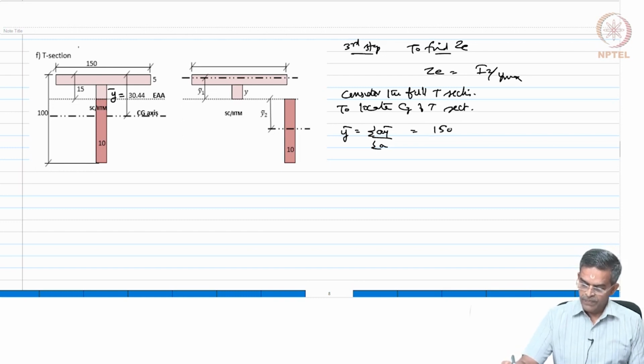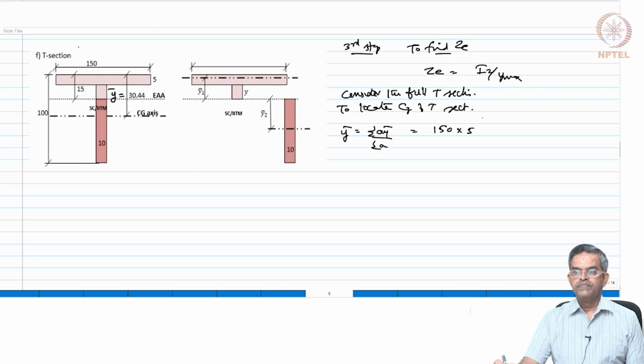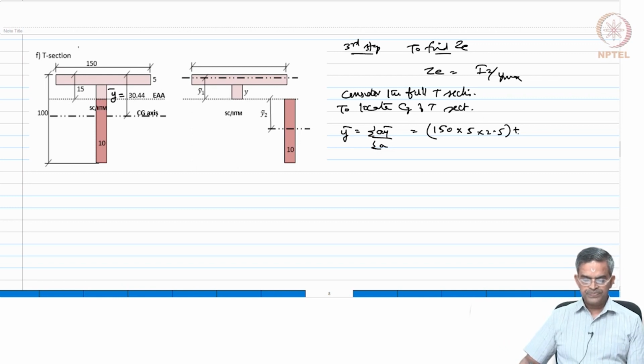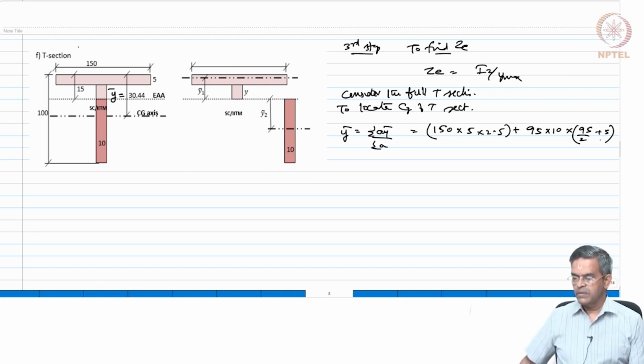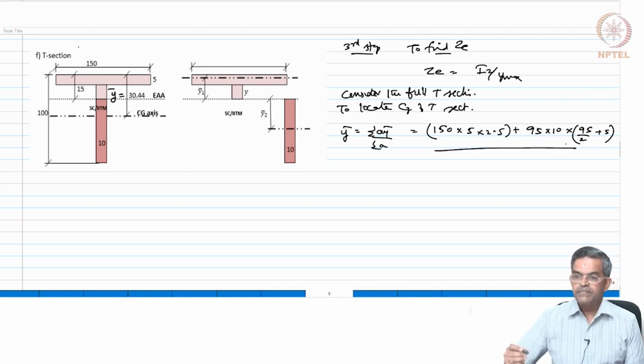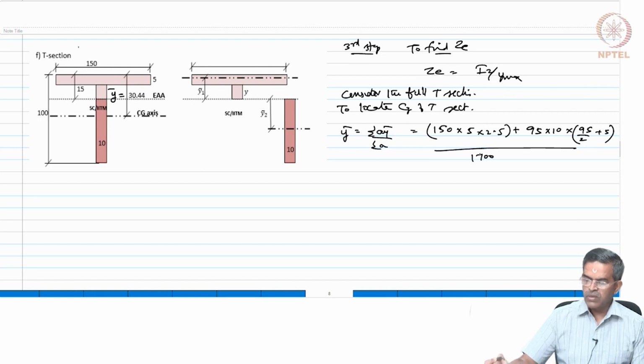So, 150 into 5 into 2.5 plus 95 into 10 into 95 by 2 plus 5, divided by 1700, that is the total area.